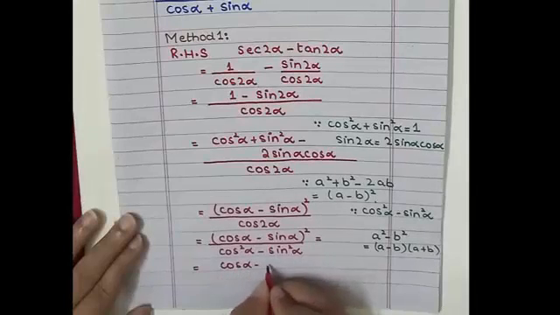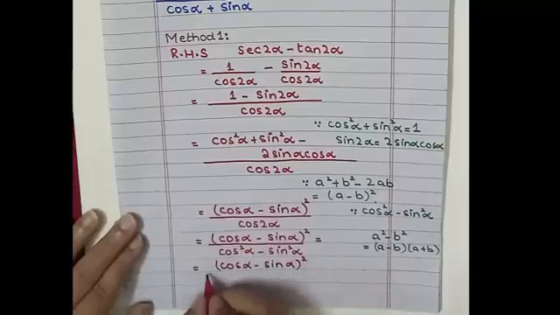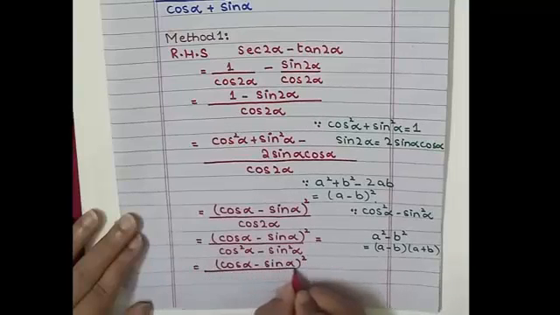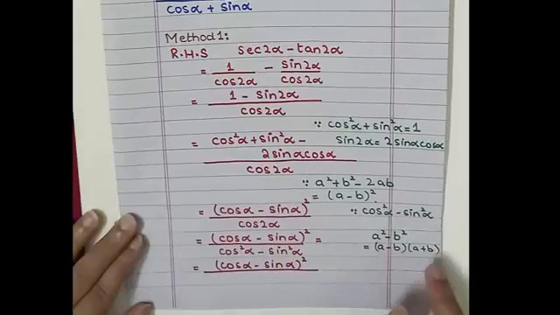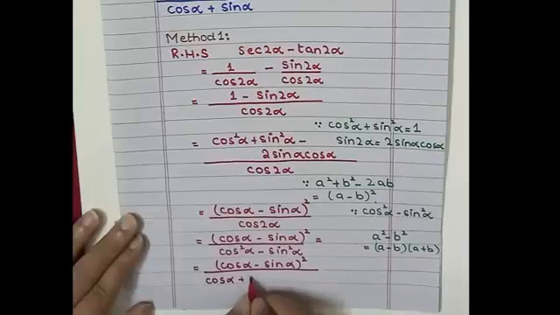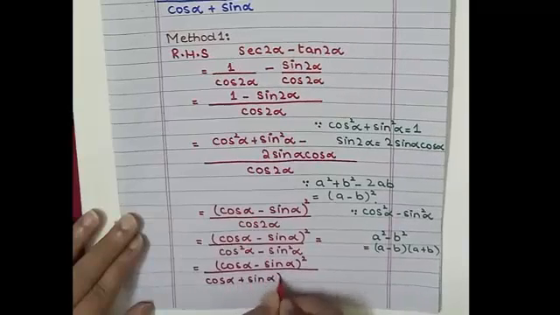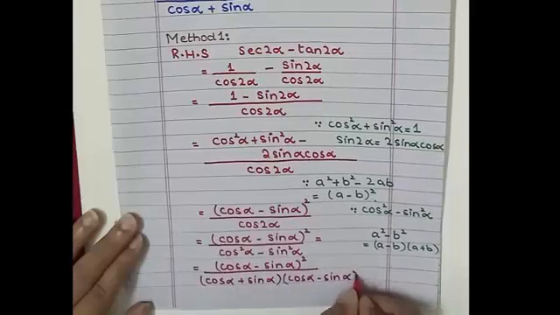we have cos alpha minus sin alpha whole square divided by a square minus b square, writing it as a minus b and a plus b. So we have cos alpha plus sin alpha into cos alpha minus sin alpha.